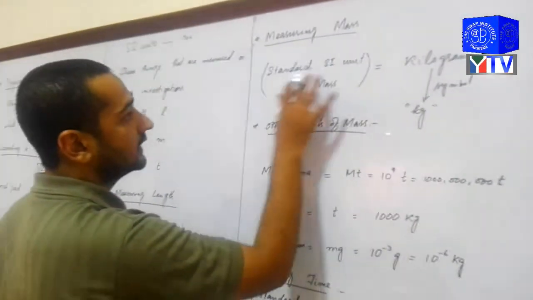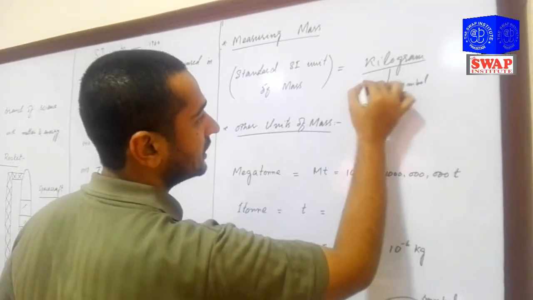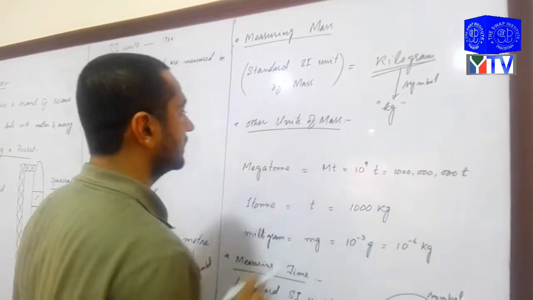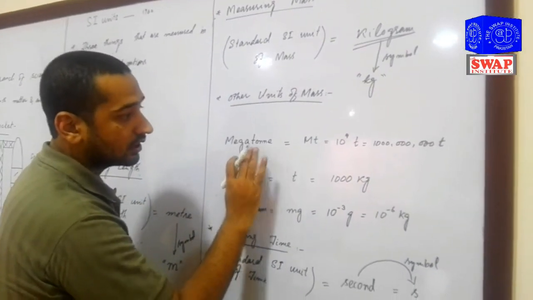And now measuring mass. The standard System International unit of mass is the kilogram. The symbol is kg, small k, small g. The other unit of mass is the megaton.